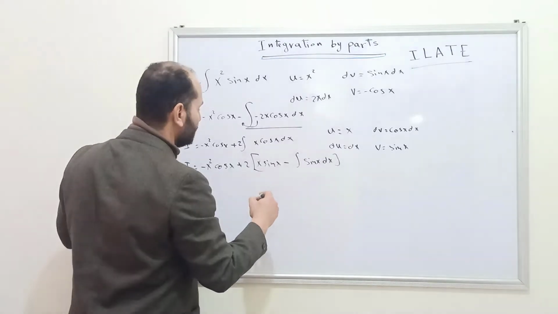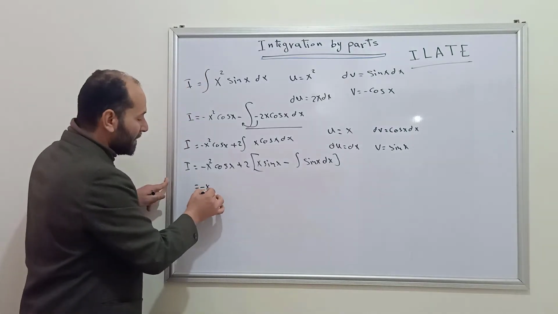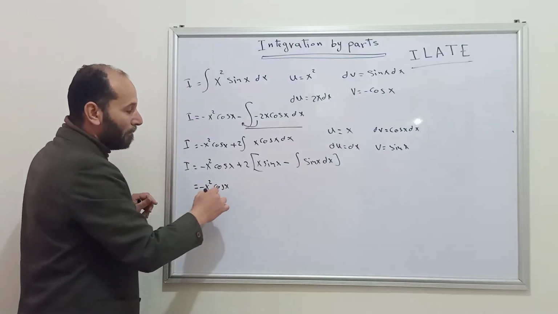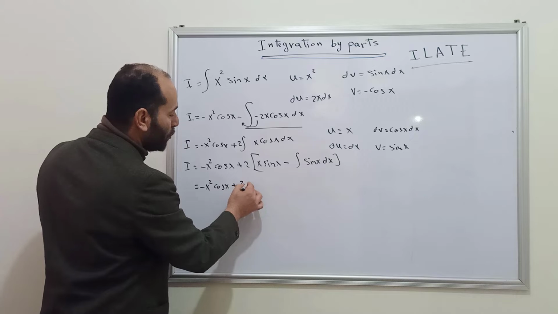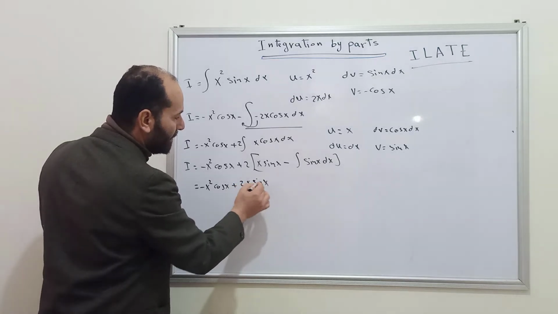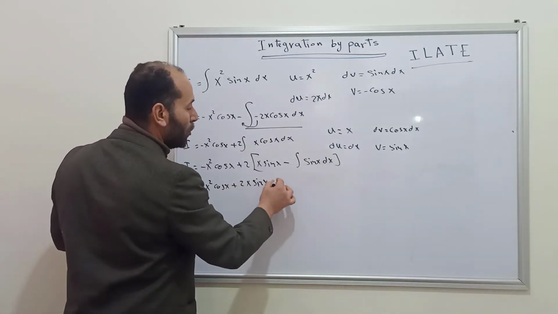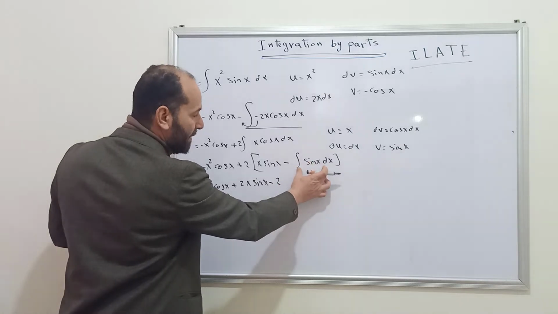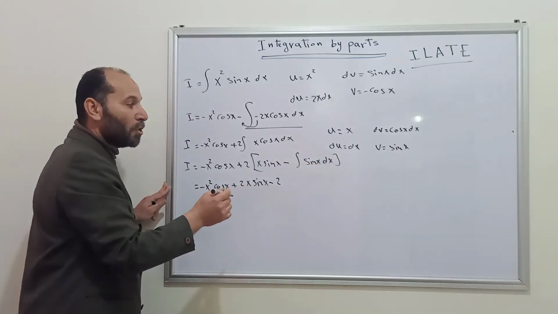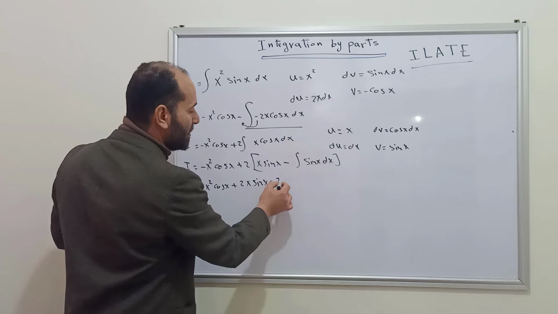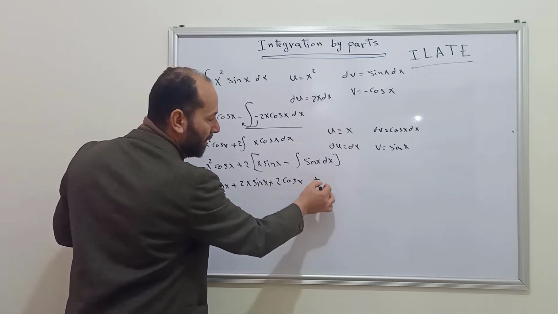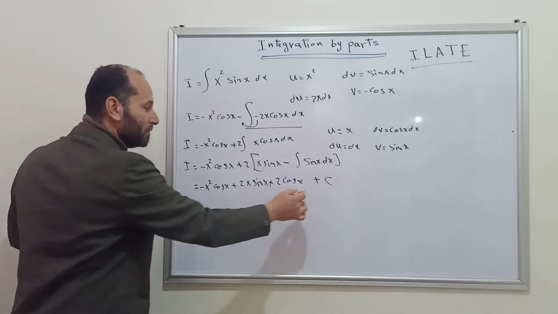This equals negative x squared cosine x plus 2x sine x minus 2 integration of sine x, which is negative cosine x, so positive cosine x plus c.